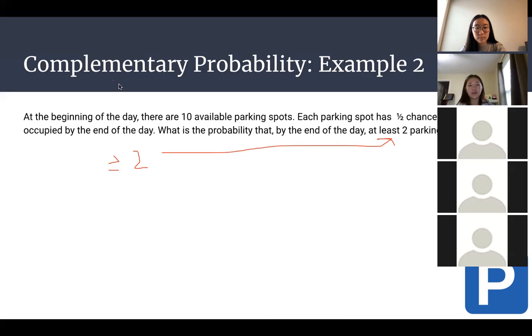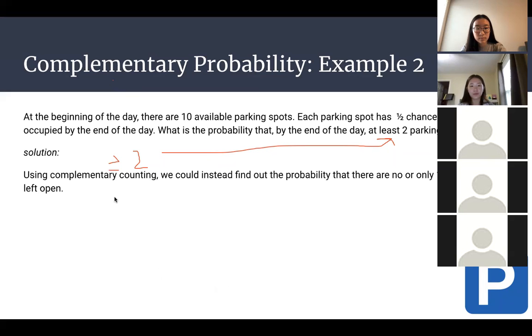Yeah, so there are less than 2 open. If there's less than 2 open, then that just means there's no spots open or 1 spot open, right? So we split this into 2 cases.